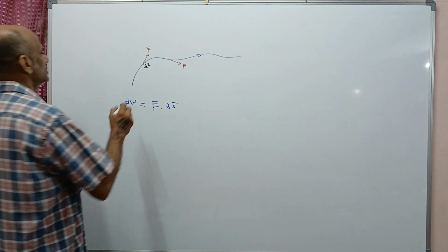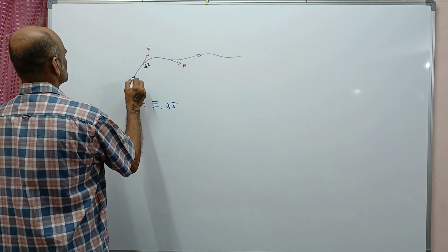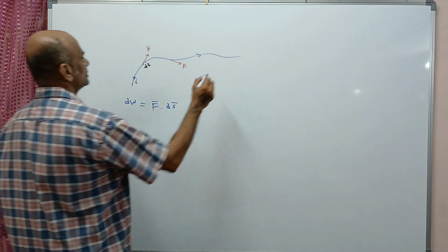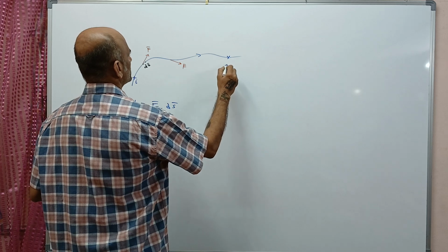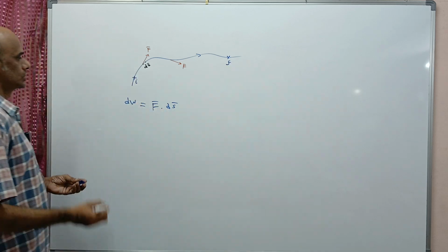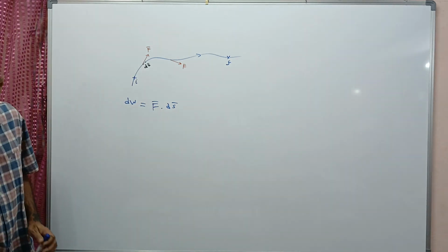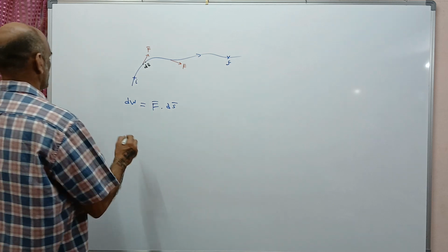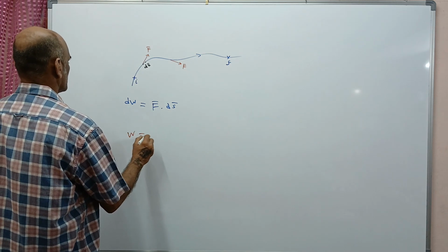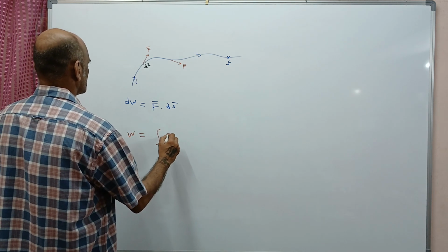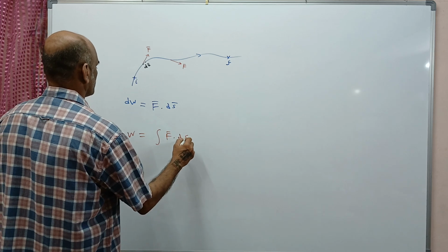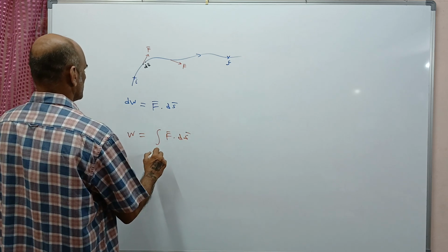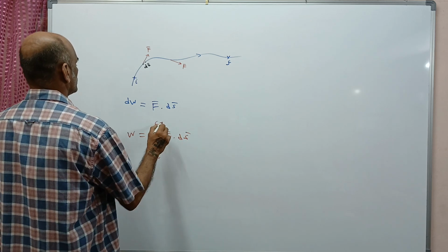If you want to find the work done to move from some initial point here to some final point here, then the total work done to move from the initial point to the final point will be the integral of F dot ds from the initial point to the final point.